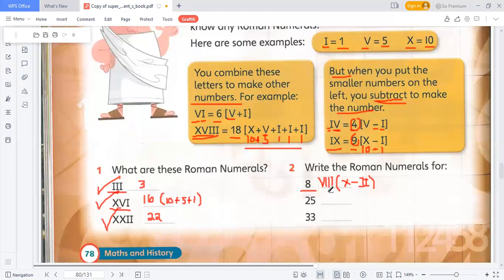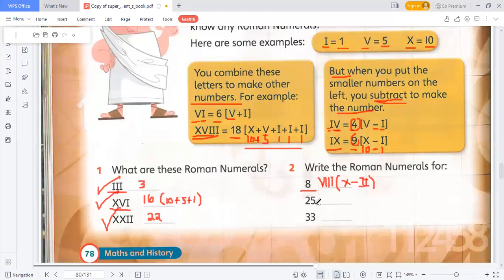Okay, what about the Roman numerals for 25? How do we write down the Roman numerals for 25?